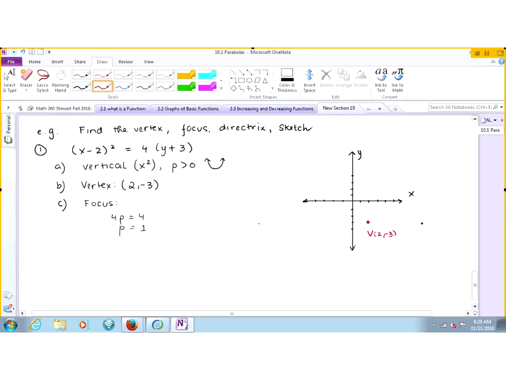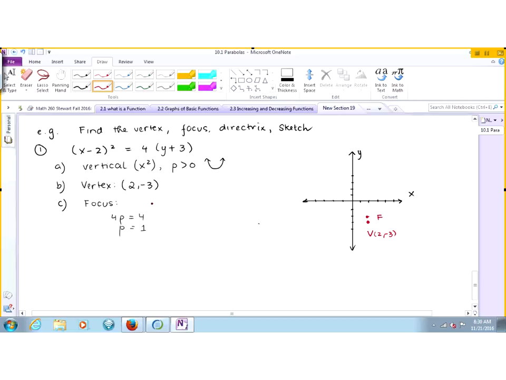What next, after you draw the vertex? Focus. Where is the focus located? Remember, it opens up, down, left, or right? Up. So my focus is up on top of my vertex, because my parabola opens up. How many units do I go up? 1. Okay, so this is my focus.